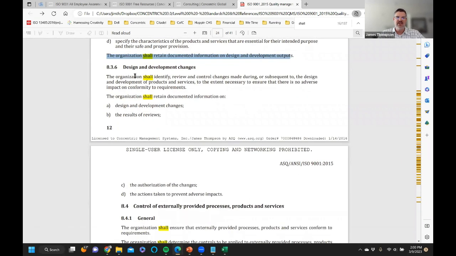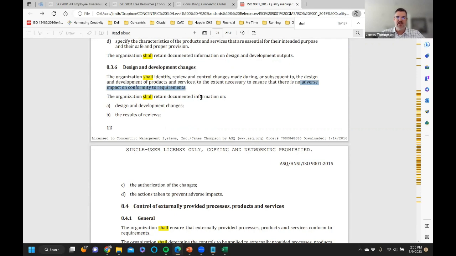So what about changes? The organization shall identify, review, and control changes made during or subsequent to the design development of products and services to the extent necessary to ensure that there's no adverse impact on conformity to the requirements.